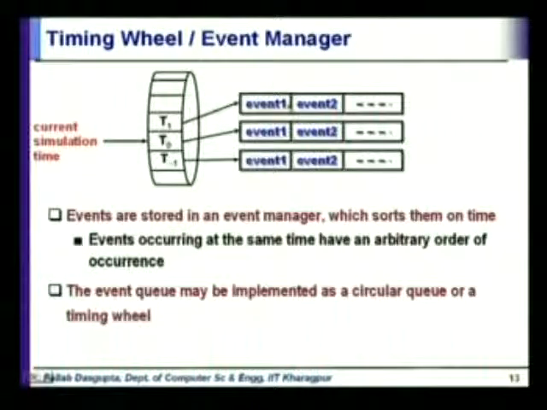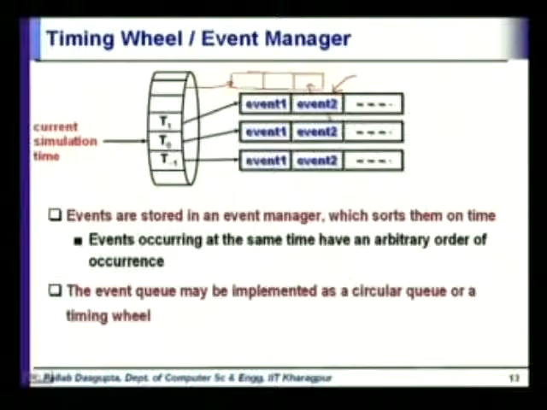So when we process one event, that can generate, say, 2 more events, one which is going to take place 5 time units from here, another which is going to take place 2 time units from here. If it is going to take place 2 time units from here, then we will add it to some list here, because from the wheel after 2 time units this is where we are, right. So this event can cause the scheduling of some event here, okay.